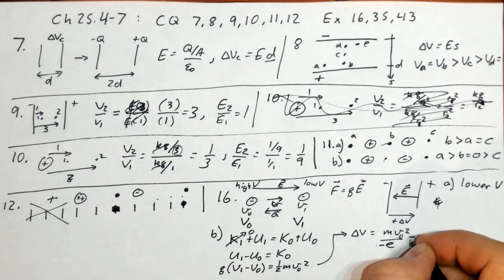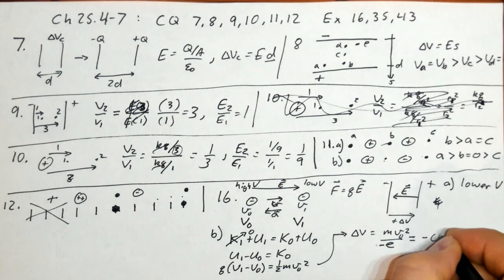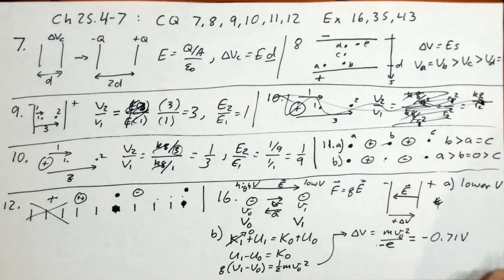So if you plug in your numbers, you're going to get negative 0.71 volts. Now we don't have a lot of intuition on volts yet, especially in a case like this, stopping an electron, which we don't do a lot in our daily life. But just as a note, a regular AA battery is about 1.5 volts.